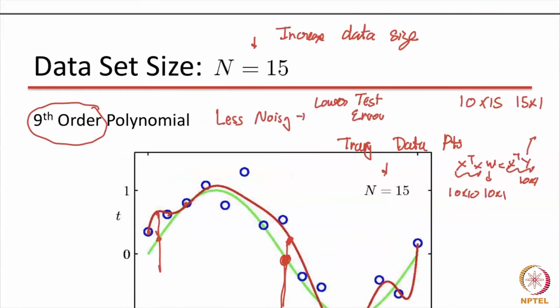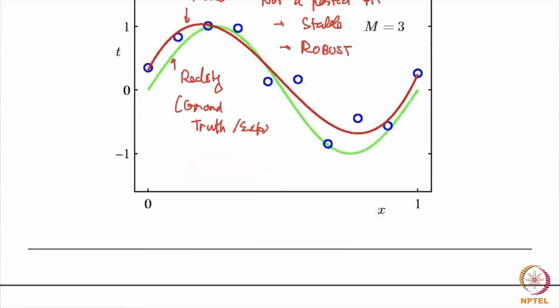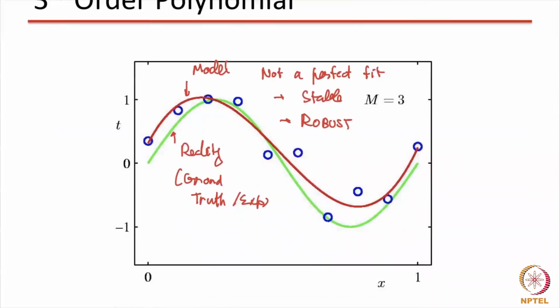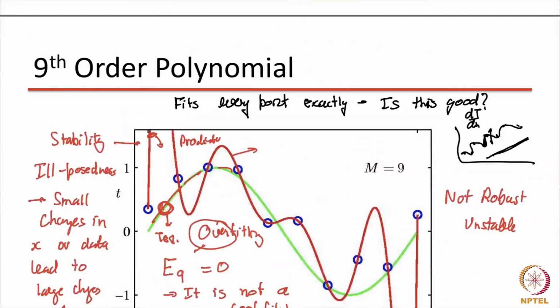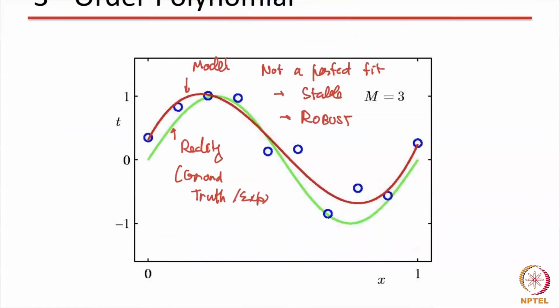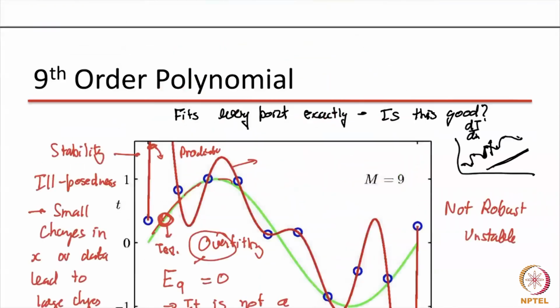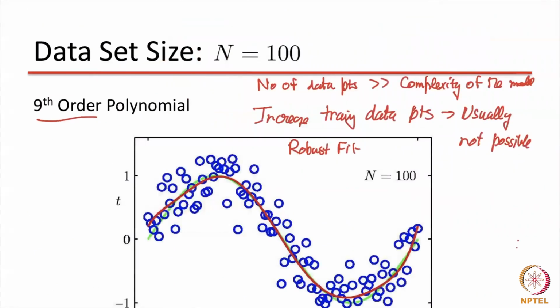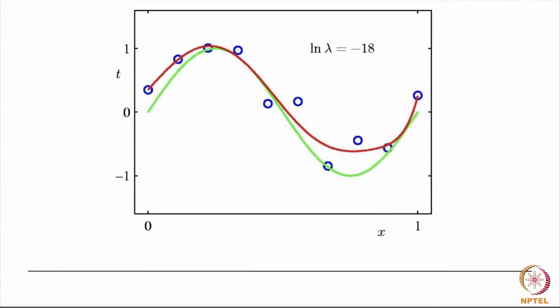Okay. So if you go back, you see the third order polynomial and the intermediate fit. Even though here we had stopped our polynomial at third, here on the other hand, we let it be a ninth order polynomial, but we just changed the regularization parameter.